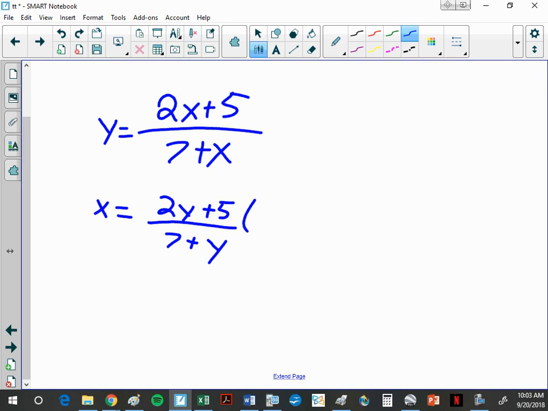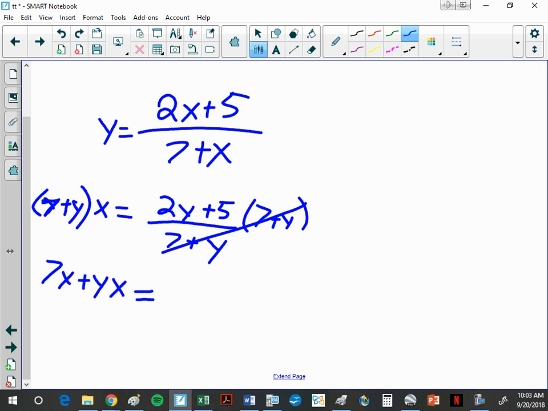I'm going to multiply by 7 plus y. Those cancel. 7 plus y, 7 plus y. So I get 7x plus yx is equal to 2y plus 5. Everybody understand that? Now, there's a problem here. Does anybody see it?